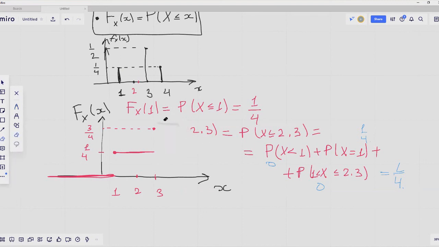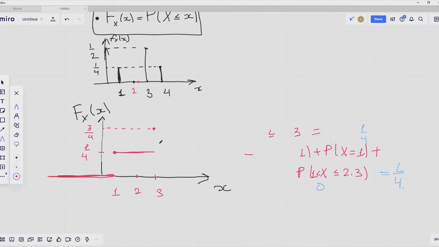And similarly, our function is going to remain constant up until point 4 here at a level of 3/4. If the value of x is equal to 4, our function is going to make yet another jump up to the value of 1 over 4 plus 1 over 2 plus 1 over 4, which is equal to 1.